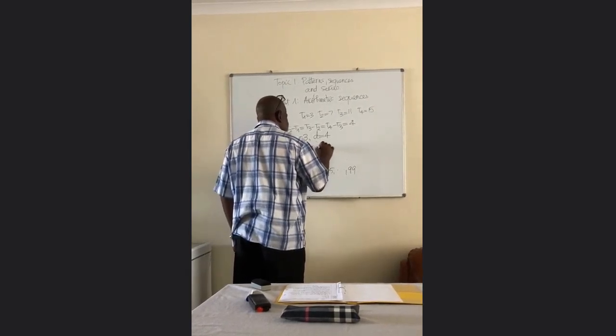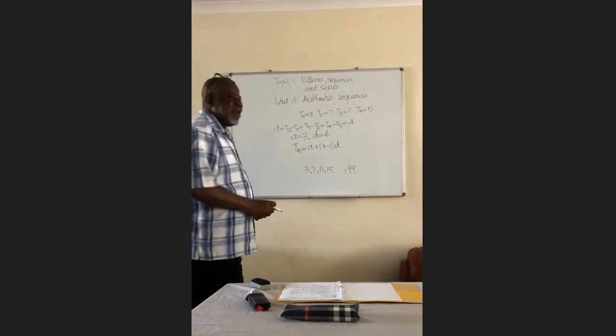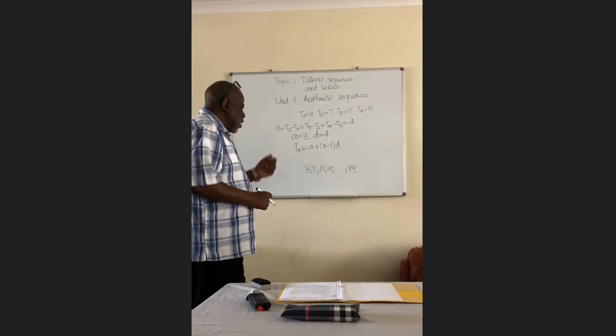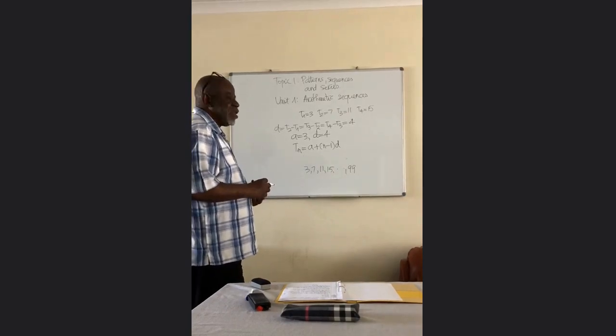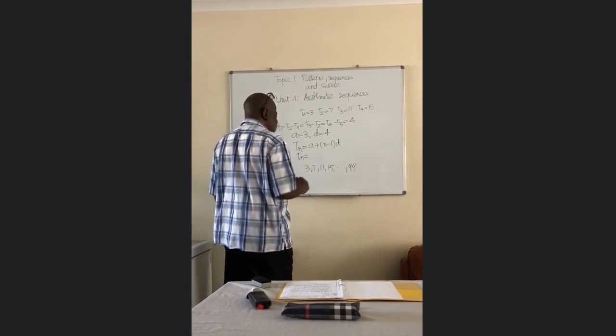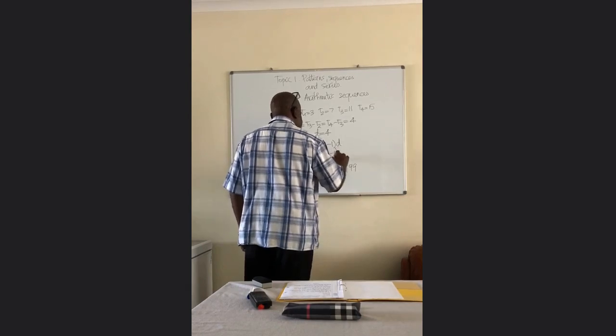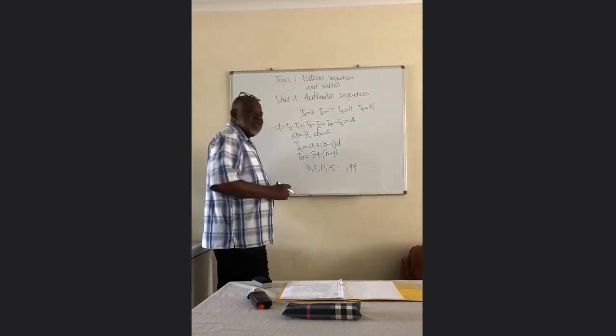Tn will be equal to a plus n minus 1 times d. Let's write the general term of this particular sequence. So Tn will be equal to the first term being 3 plus n minus 1, and our constant difference is 4.